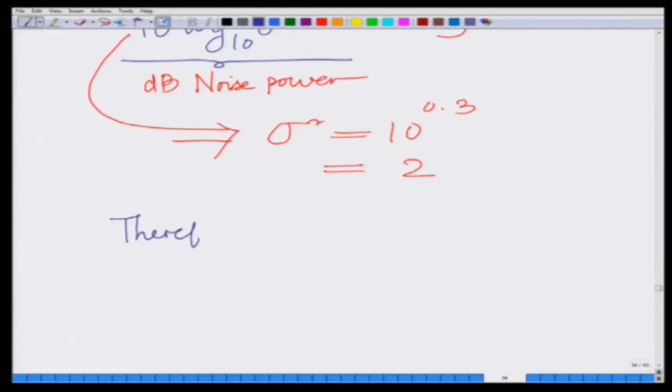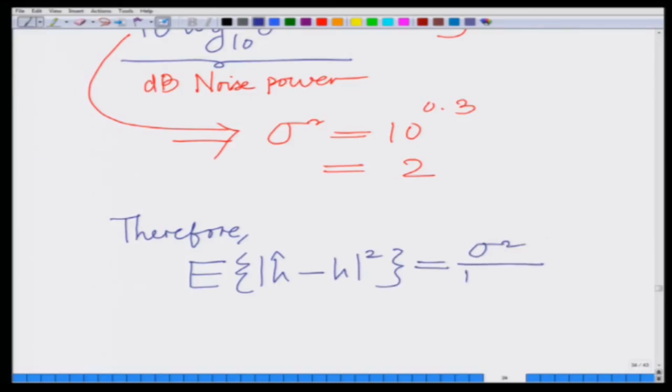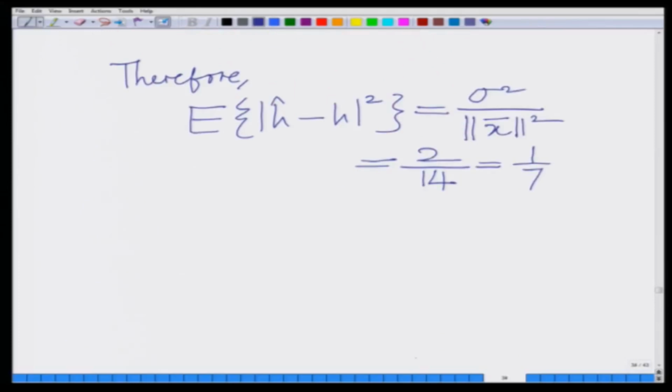Therefore, we have the expected value of magnitude h hat minus h whole square, which is equal to sigma square divided by norm x bar square, which is equal to 2 divided by 14, which is basically 1 divided by 7. So, this quantity is basically 1 divided by 7.